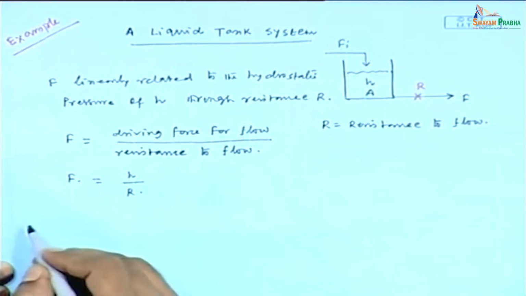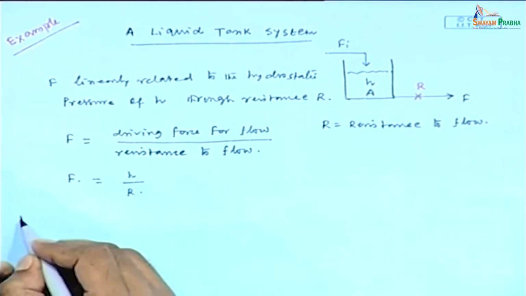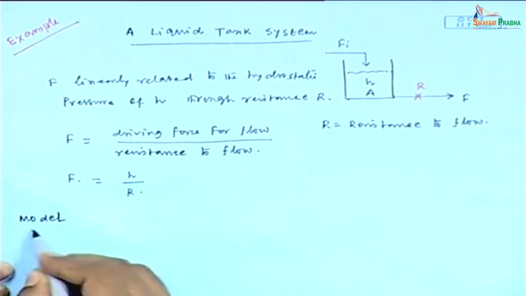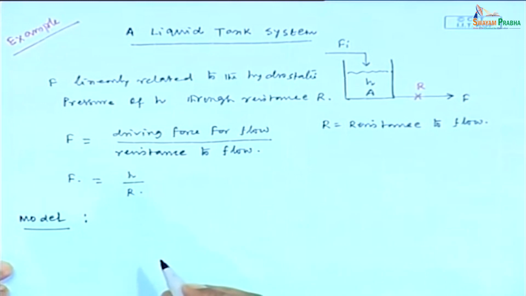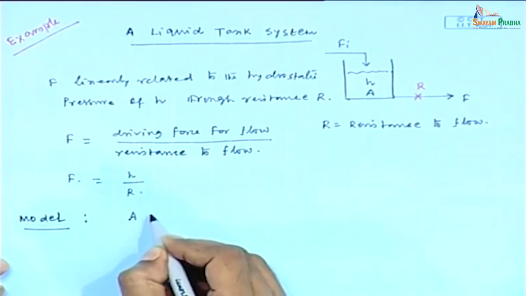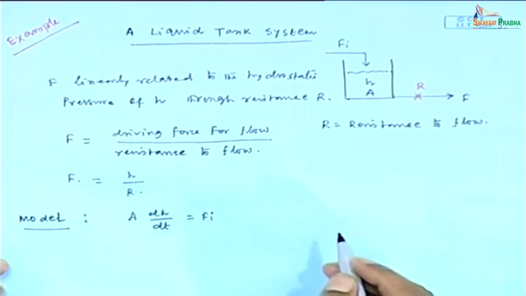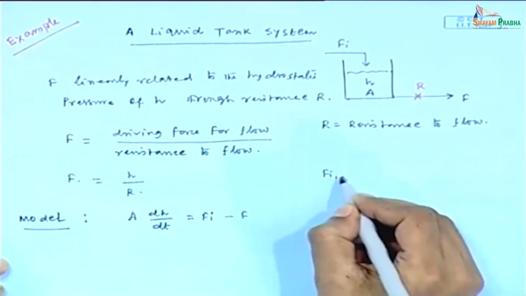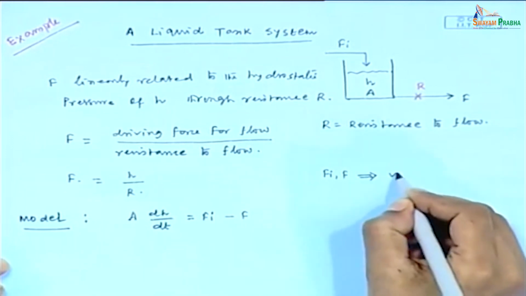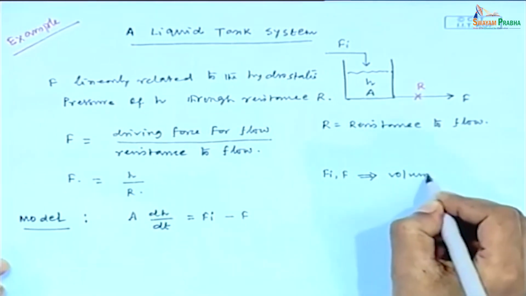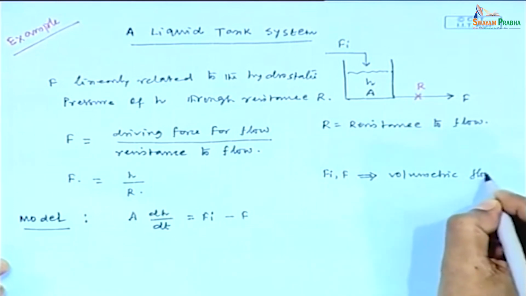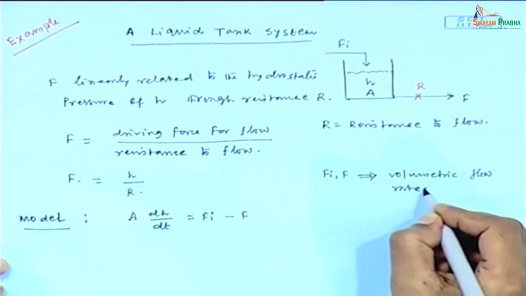What is the modeling equation of this liquid level system? We have derived the modeling equation for this liquid level system earlier, that is A dH dt equal to Fi minus F. Fine. Fi and F both are volumetric flow rates.